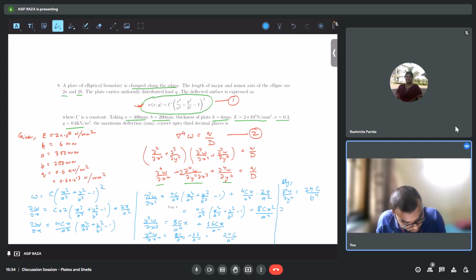Now we need to find dou 4 W by dou y square dou x square. Need to take the second derivative.